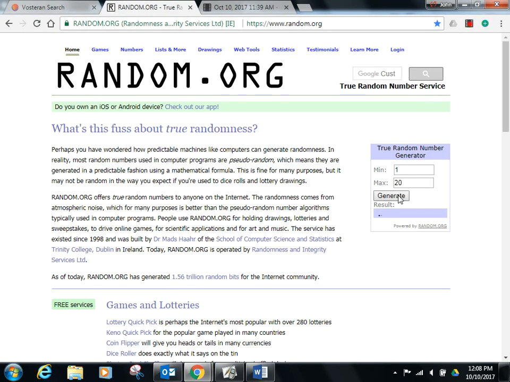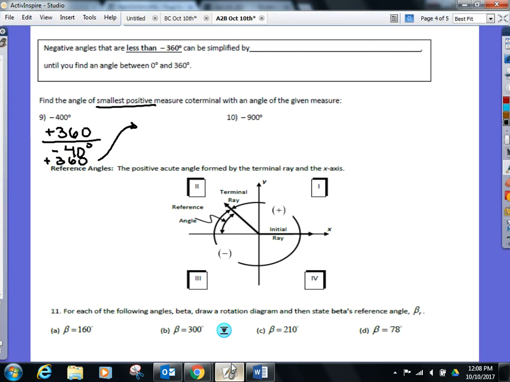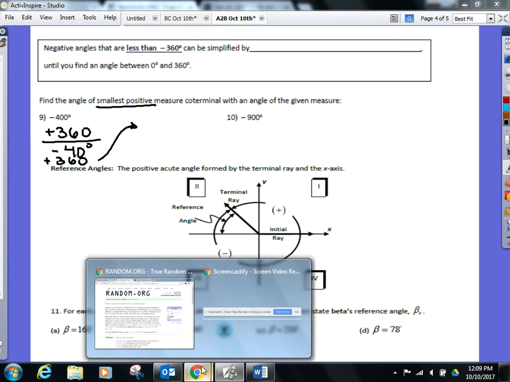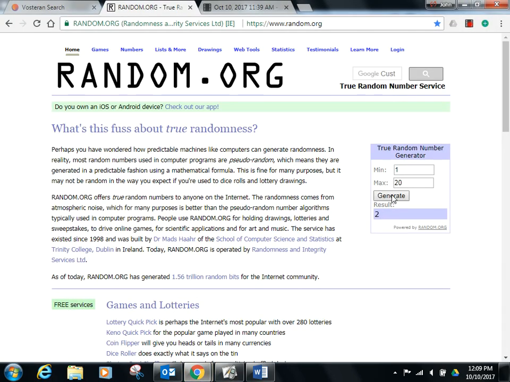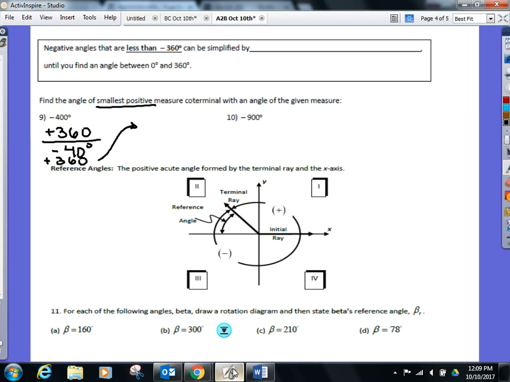So it ends up being what up here? 20? Who's got 20? Nobody. What is it? 320? Yep. And then go ahead, negative 900 real quick. You're going to have to add 360 a couple times.